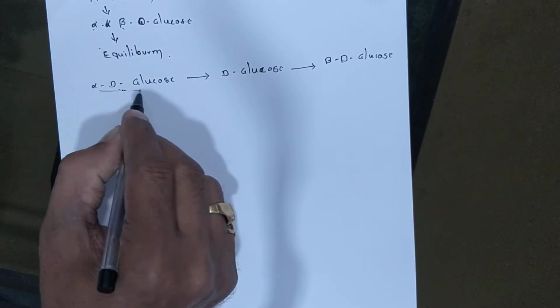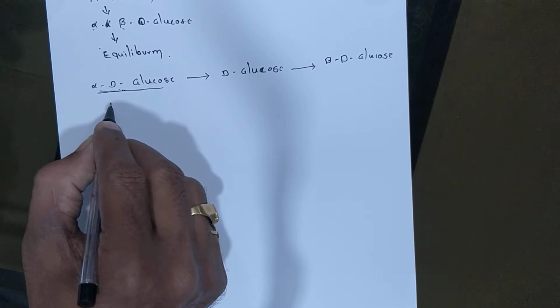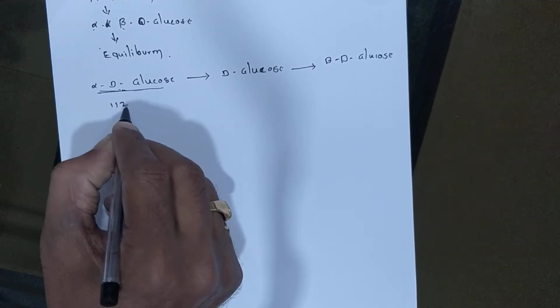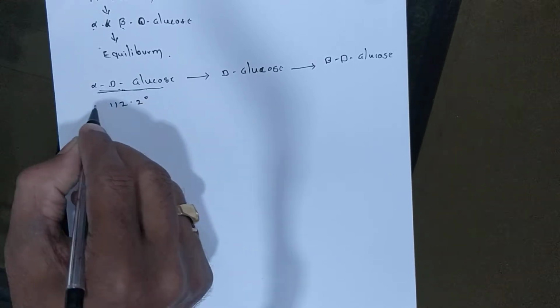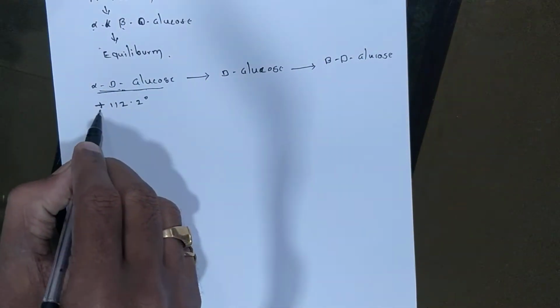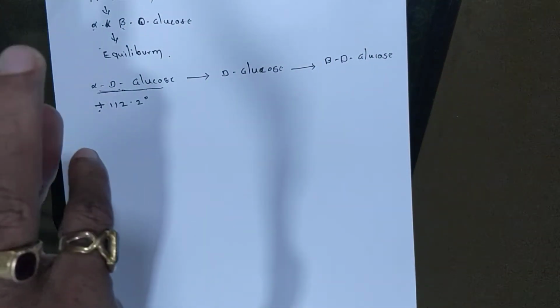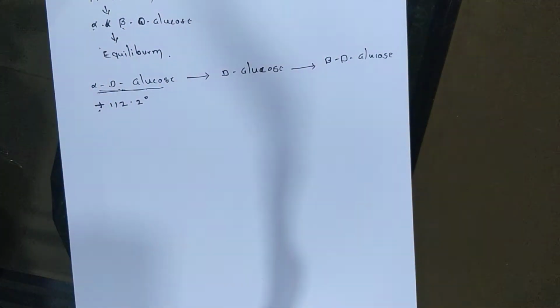Now their specific optical rotation is 100.2 degrees, denoted as plus. This shows the dextrorotatory sign.